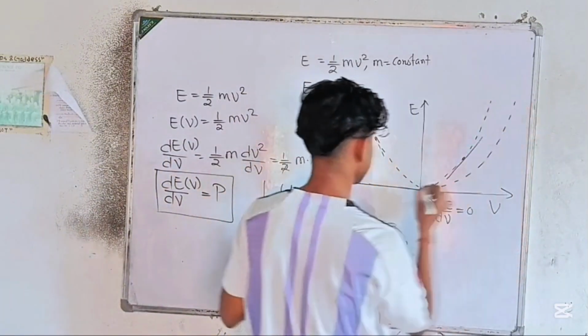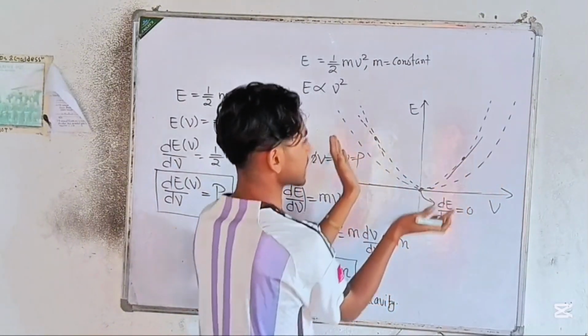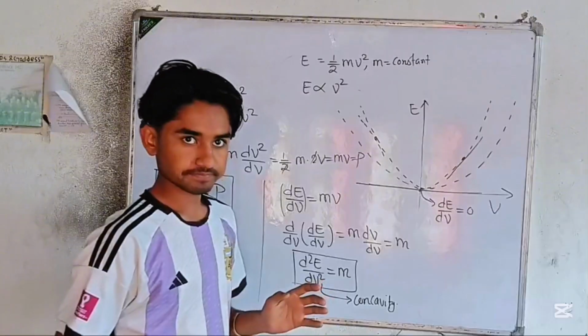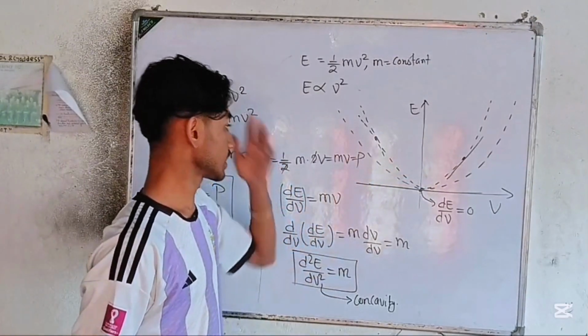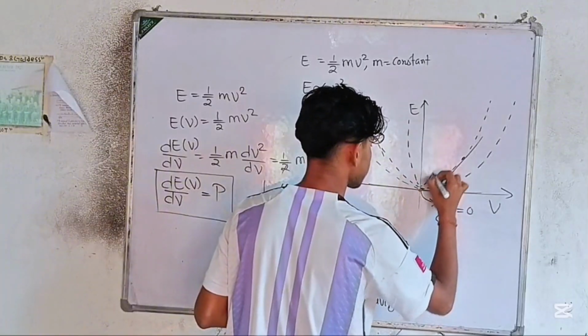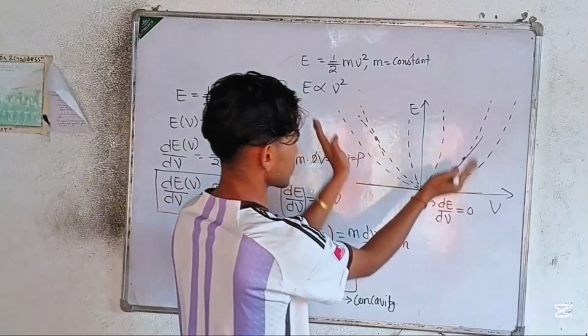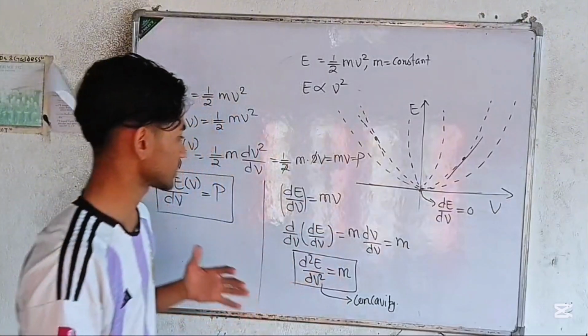Suppose I have different masses and I get different amounts of concavity. It is concave downward. If I have less mass, there will be less concavity, and if you have a larger mass, there will be more concavity.